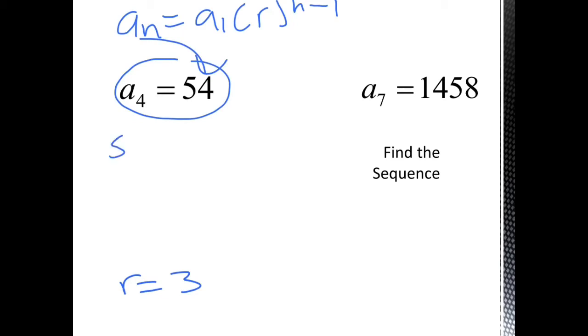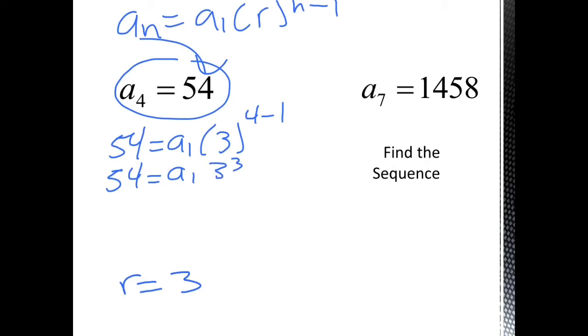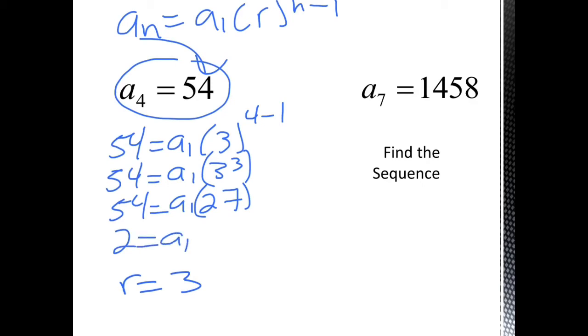So 54 is going to equal a1 times 3 to the 4 minus 1 power, which means 54 is going to equal a sub 1 times 3 to the third, which is a sub 1 times 27, which means that 54 divided by 27 is going to give me 2 for a sub 1.